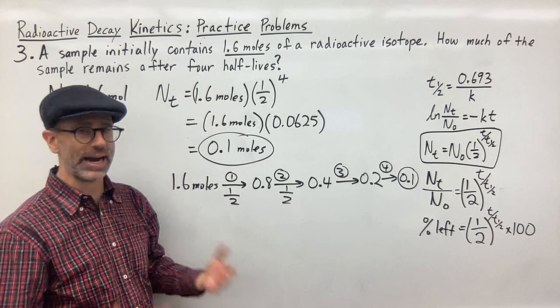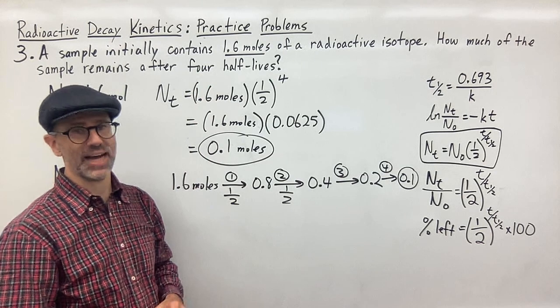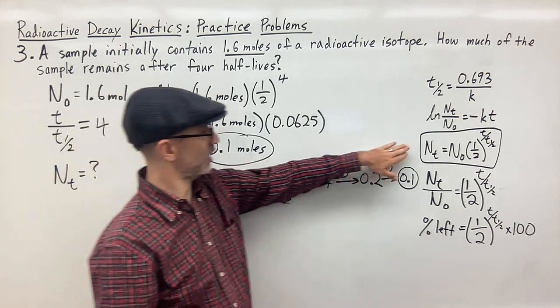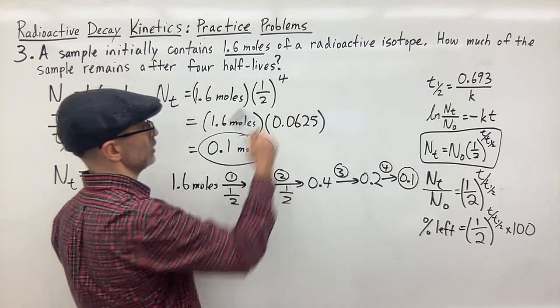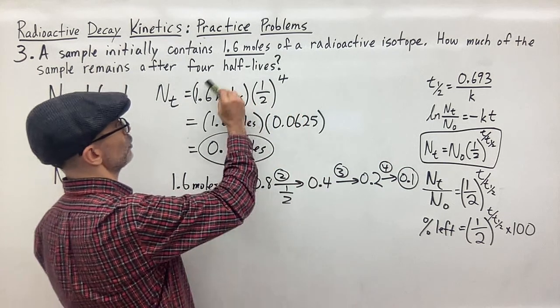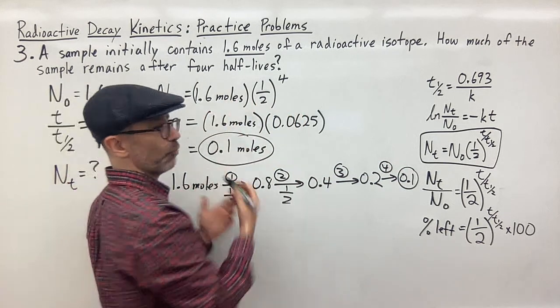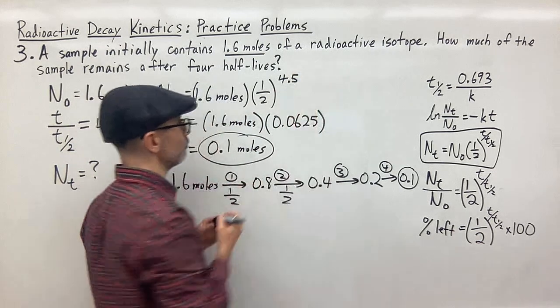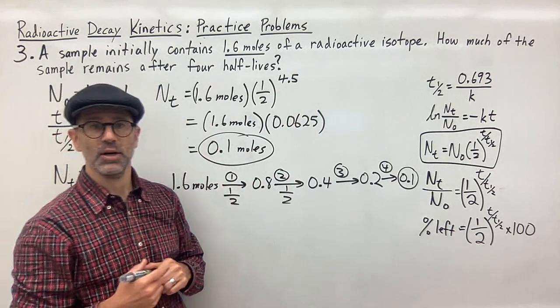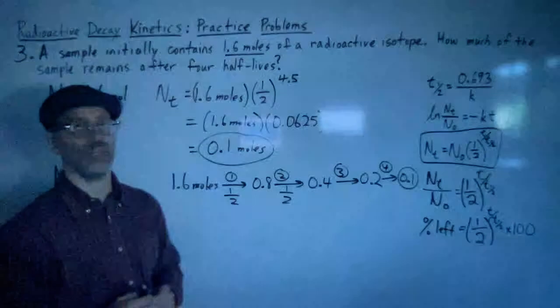If you have a fractional amount of half-lives, it's not going to work, and you need to use the equation. But all you do is put in the fraction. So let's say, for example, instead of 4 half-lives, it was 4.5. Then you just put 4.5 for your ratio. That's how you use this equation.